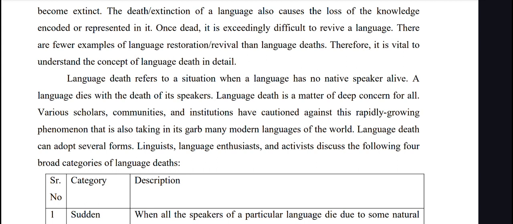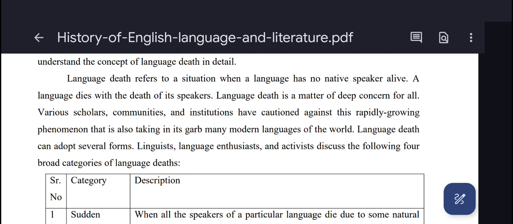Language death refers to a situation when a language has no speakers left, a language that dies with the death of its speakers.